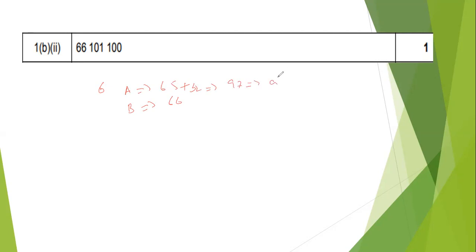It was asking about e. Now you can see what the code of e will be. B, C, D, E: this will have 98, this will have 99, this will have 100, and this will have 101. So this is for e, and this is for capital B. The next one is d, so here you can write d. Is this clear?